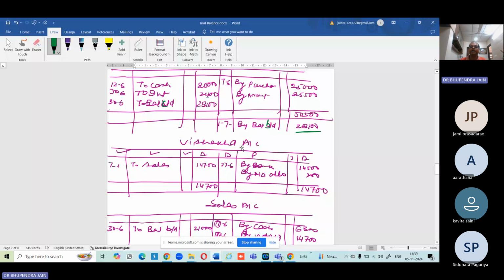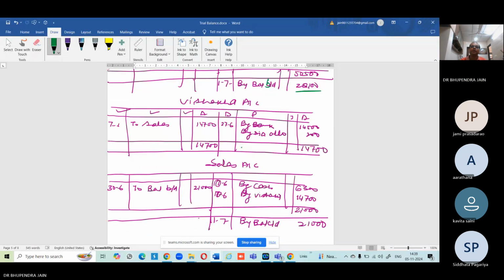After the bank, the next account is the Vishakha account. But we have already settled the account. We have sold the goods to Vishakha and we received the amount from Vishakha. So now the balance is nil.